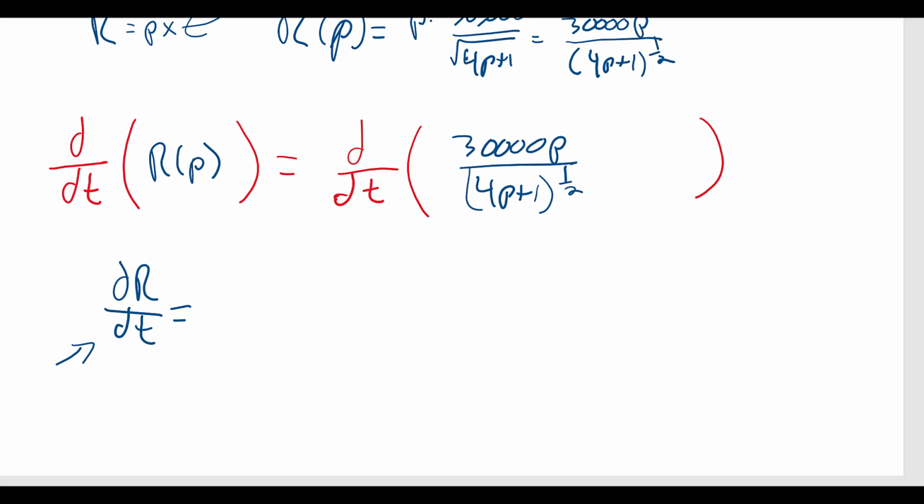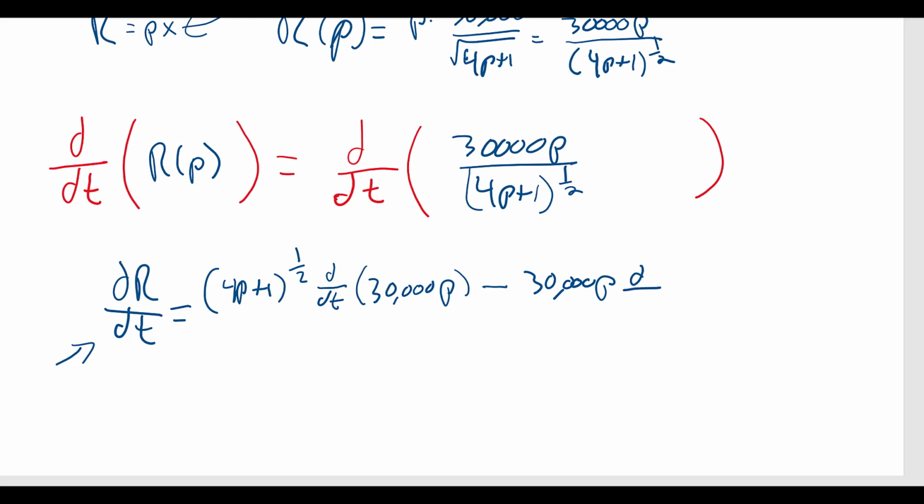So let's see. We have a numerator, we have a denominator. Denominator is low, numerator is high. So it's going to be low d high. So 4p plus 1 to the 1/2, low, and then d high, derivative of the numerator, d dt of 30,000 p, minus the high, which is 30,000 p, derivative with respect to t of 4p plus 1 to the 1/2, all over the square of what's below.